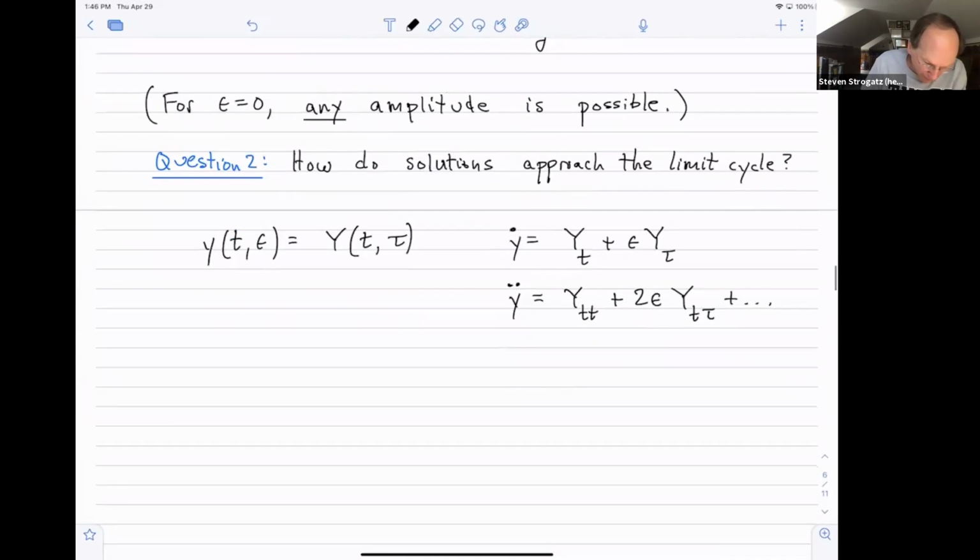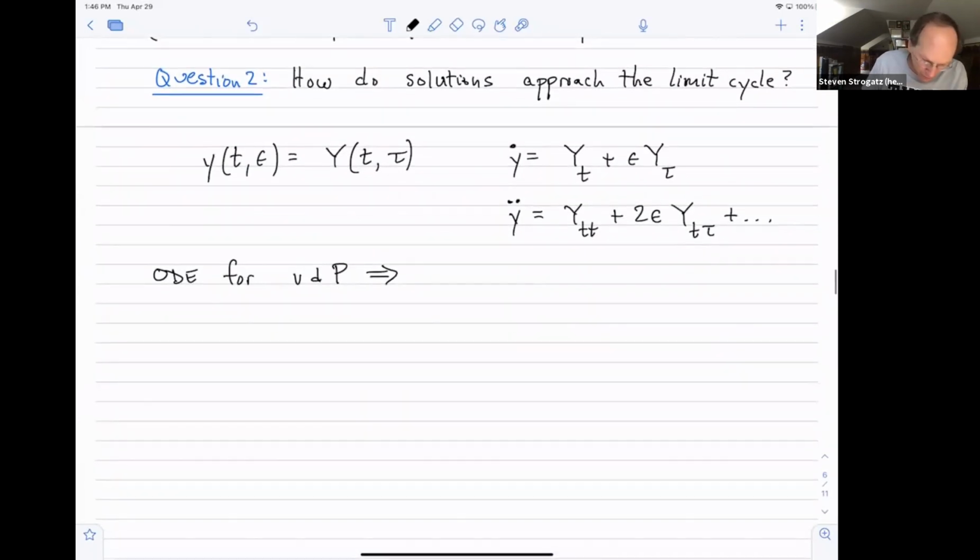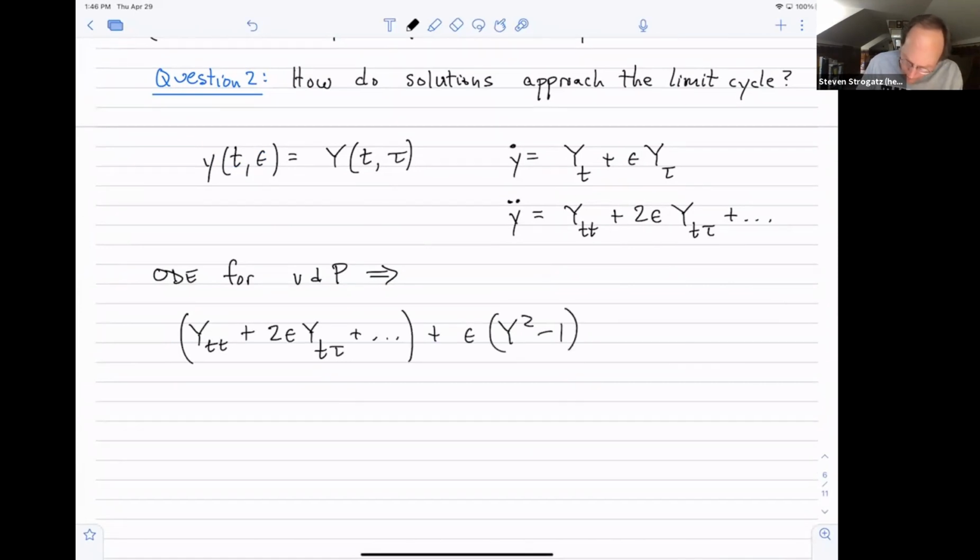And so then when we plug into the van der Pol equation, which we'll abbreviate VDP, that translates into y tt plus 2 epsilon y t tau plus the weird term epsilon times y squared minus 1 times y dot, where y dot now is y t plus epsilon y tau.